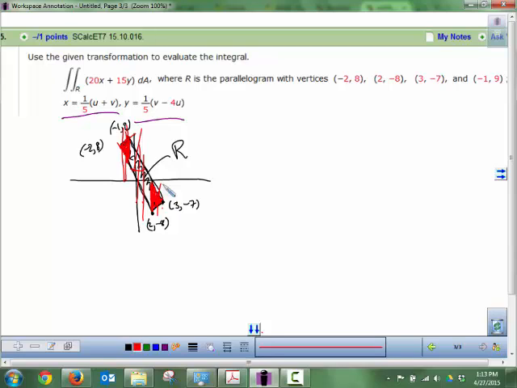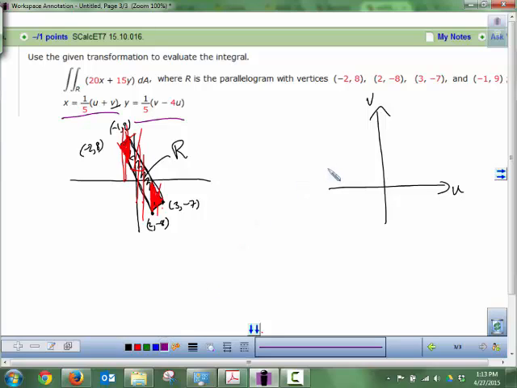So what we're going to do is use this transformation and hopefully come up with a new and improved region that we're going to integrate over. And in this region, we're going to use u and v, because those are the new variables that I have in my transformation.